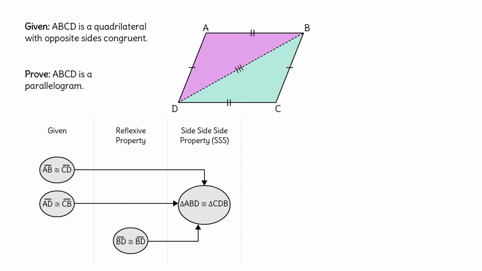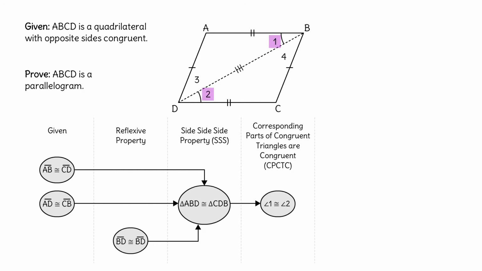We'll need to label some angles again as before. And if we can prove the pairs of angles are congruent, we will be able to prove parallel lines. Let's do it. Because the triangles are congruent, 1 is congruent to 2 by CPCTC. The same is true for 3 and 4.